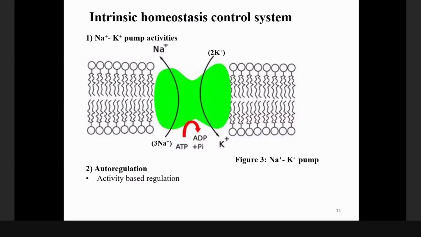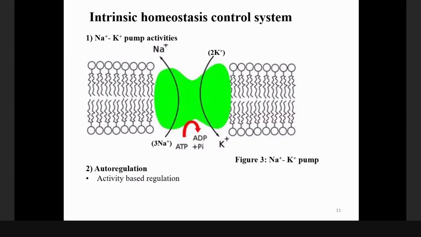If the cell dies, there is no more function, and that results in certain disease. So when the amount of water inside the cell is increased, this pump becomes active, so that 3 sodium leave the cell into the extracellular environment, and 2 potassium enter into the cell.